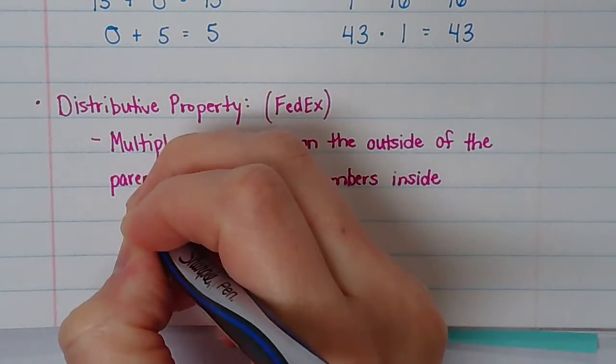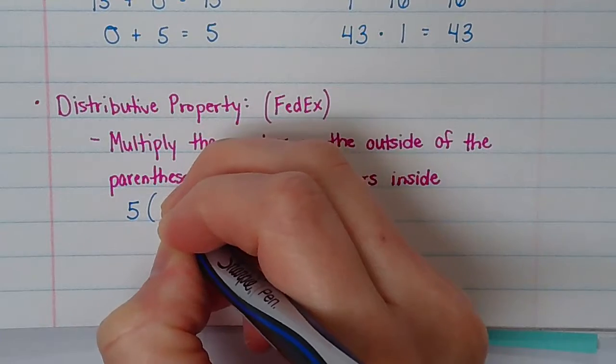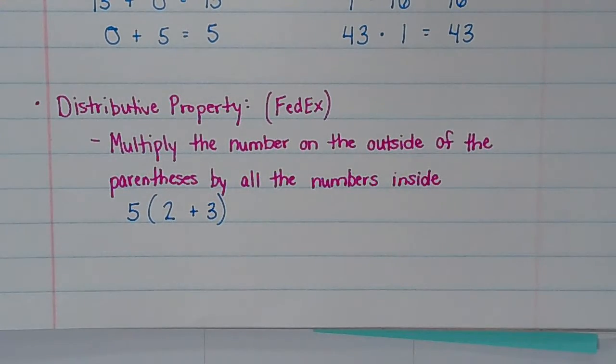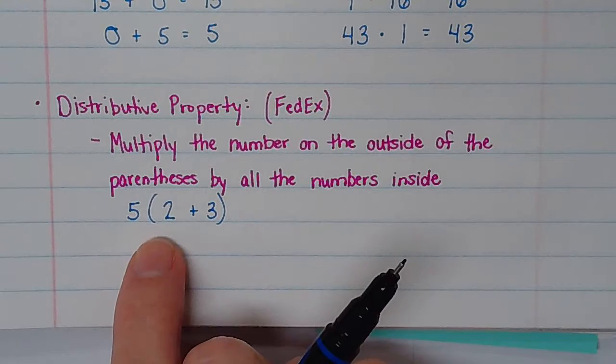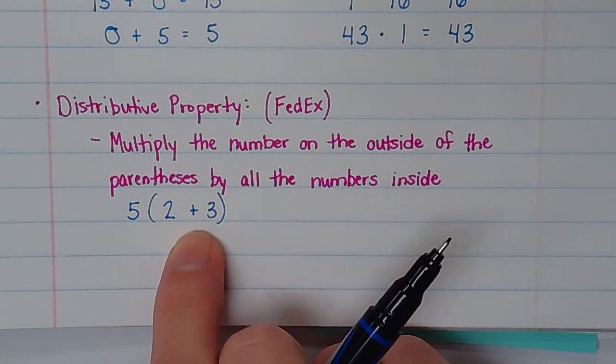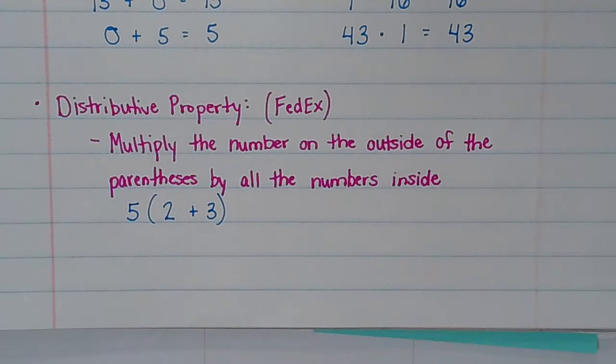If we have 5 and then 2 plus 3, okay? Order of operations, you can solve this, okay? But starting tomorrow when we do these problems, you're going to see some examples that you can't do order of operations with because there are going to be some letters, some variables thrown in here. So that makes things different. So we're going to do distributive property to solve this, all right?